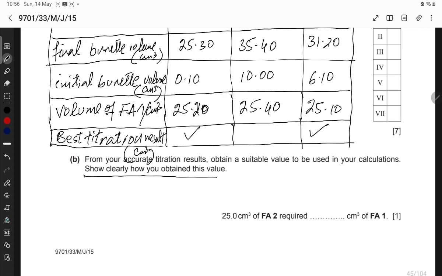There must always be at least two accurate titrations, accurate 1 and accurate 2, and if we need to, we could have accurate 3. That just depends on whether you can get them the same the first time around for those first two. If not, you can do a third to try and get it the same.